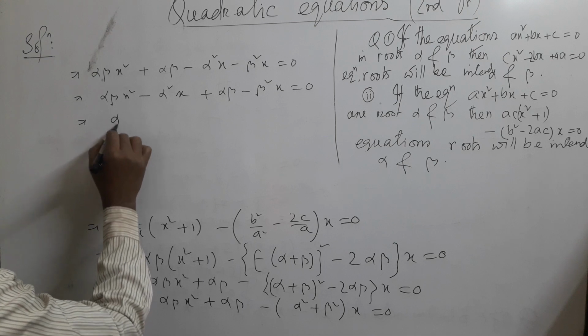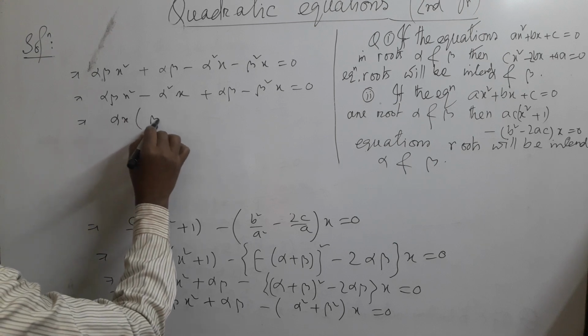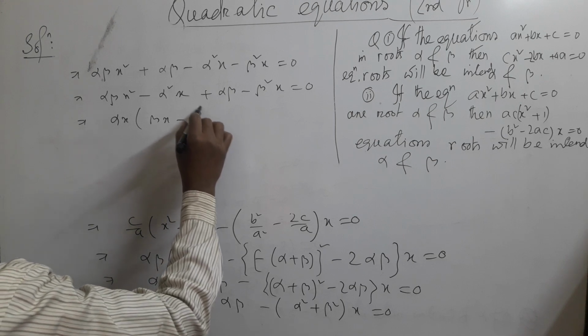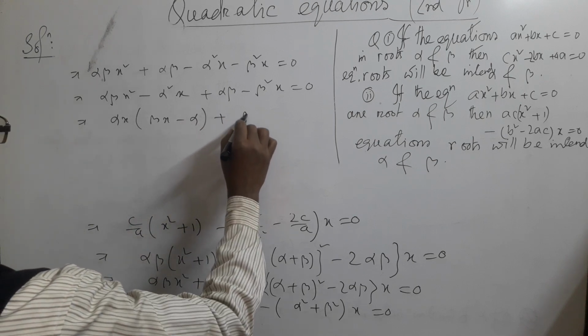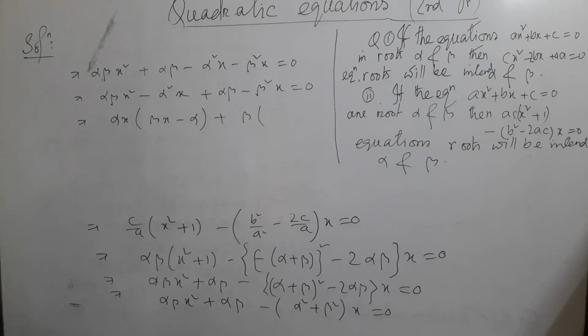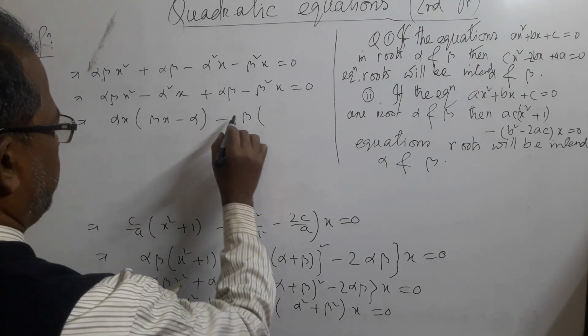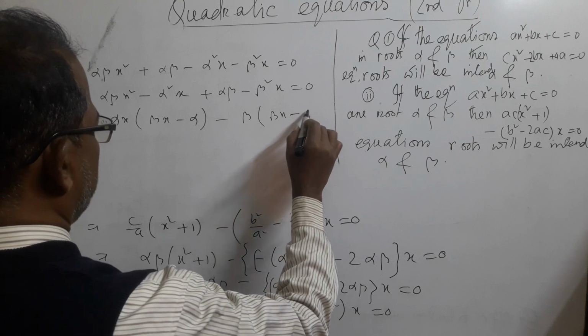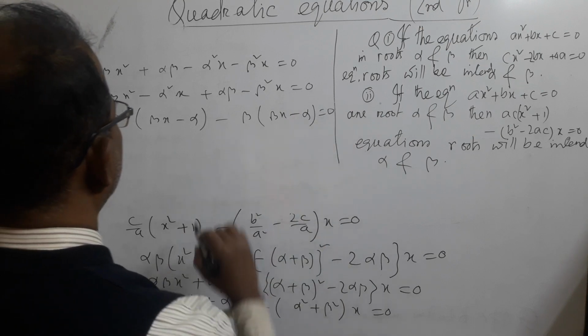That equals alpha x into (beta x minus alpha) minus beta into (beta x minus alpha) equals 0.